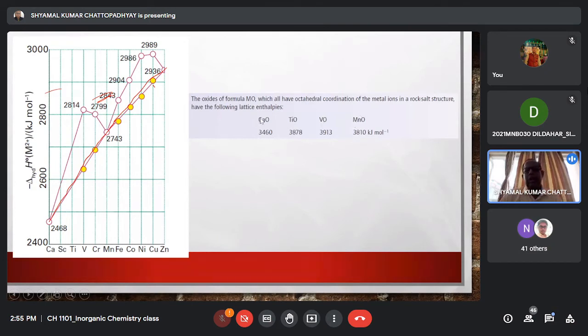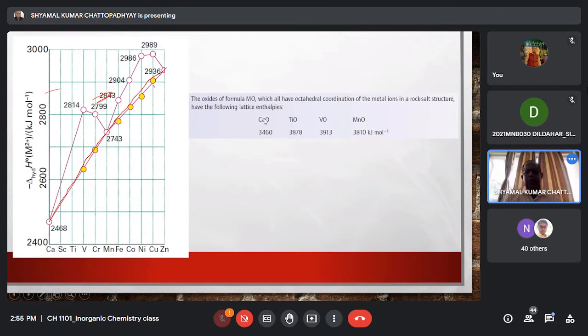Now, normally from calcium to titanium to vanadium to manganese, the size of the metal ion decreases. And as a result of this, if there was no crystal field effect, we expect that as we go from left to right in this series, the lattice energy would increase. There should be a smooth increase from calcium oxide to titanium oxide to vanadium oxide to manganese oxide.